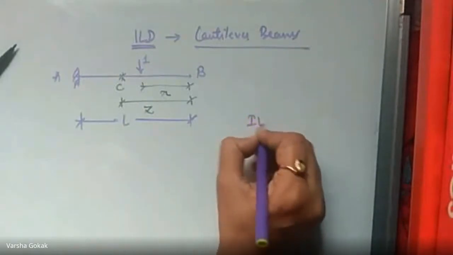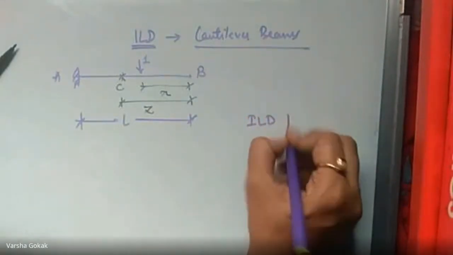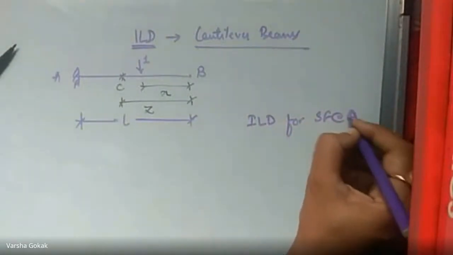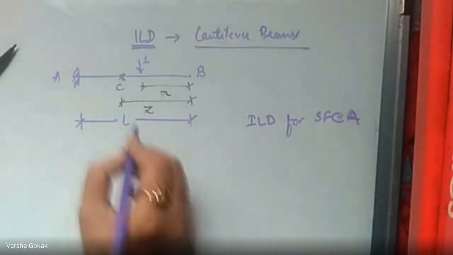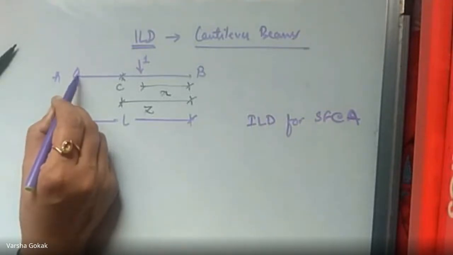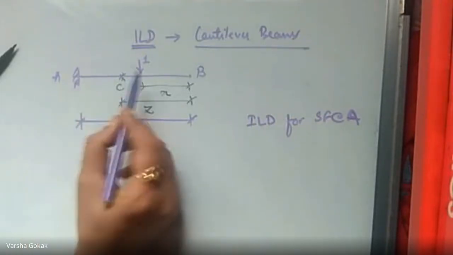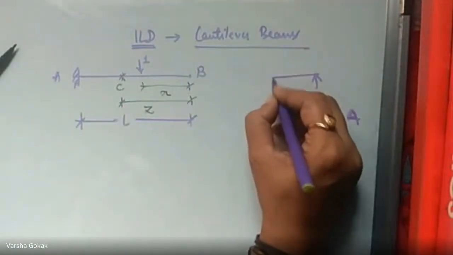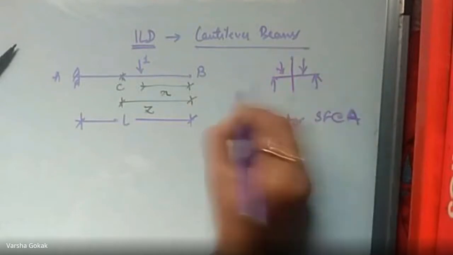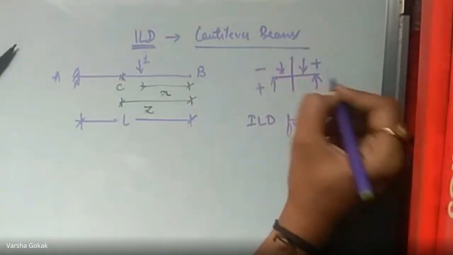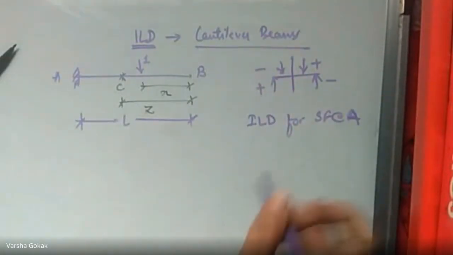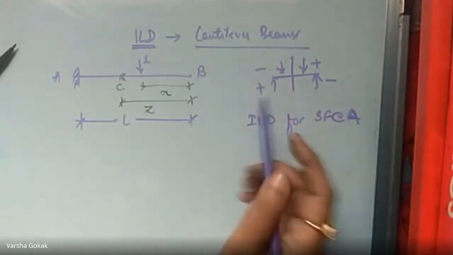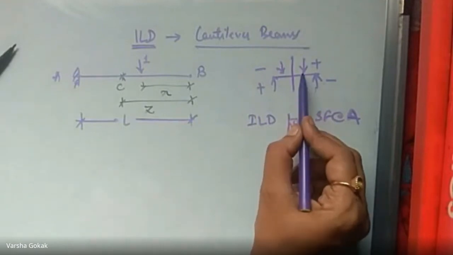First, when I want to draw the ILD for the shear force at point A, A is your fixed support. So when I want to write the shear force for A, I have a unit load acting. When we see the shear force sign convention, positive, negative, positive, negative, upward forces, if I'm starting from the right side of the beam, are negative and downward forces are positive.